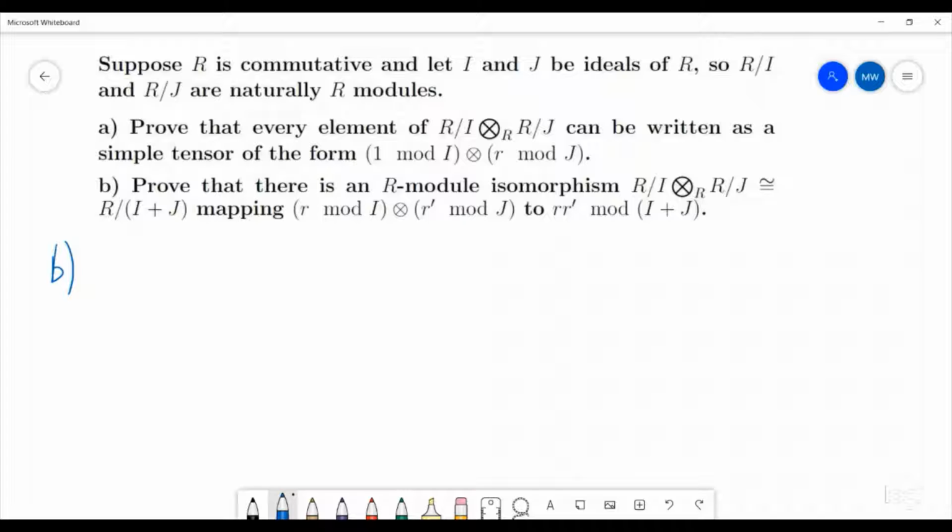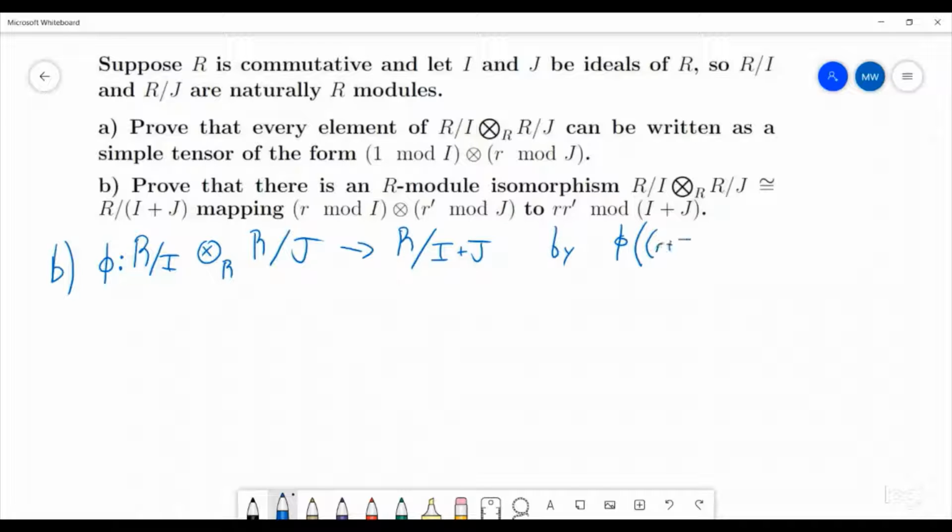So we're going to define phi going from R mod I tensor product over R with R mod J to R mod I plus J by phi of R plus I tensor product with R prime plus J is equal to R prime plus the ideal I plus J.